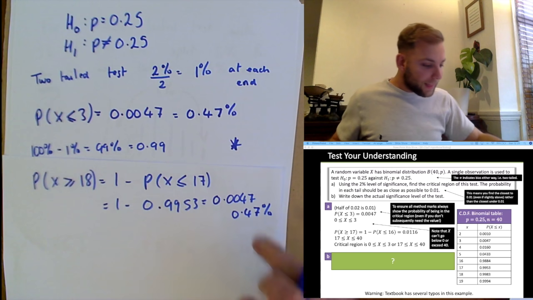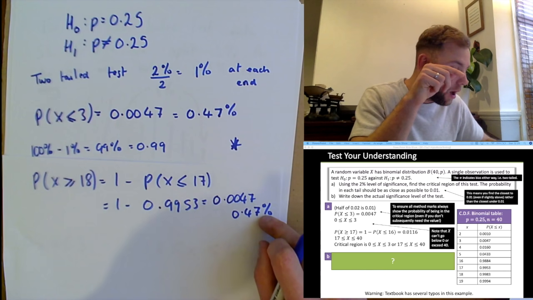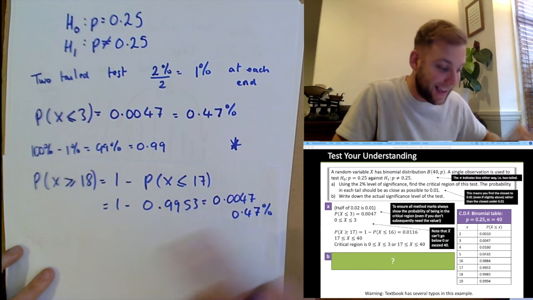Now, this here is the first value that goes below 1%.